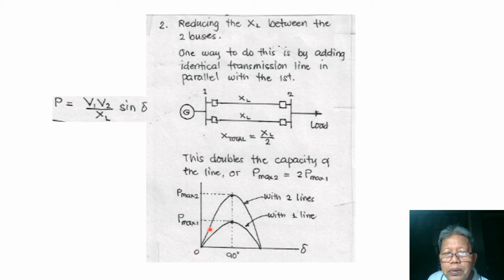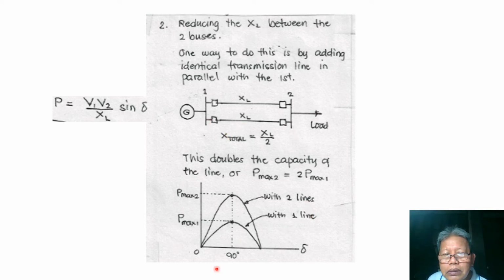So when we had two lines, our power would be equal to 2 times V1 times V2 over XL times sine delta, because we now have two lines between bus 1 and bus 2.